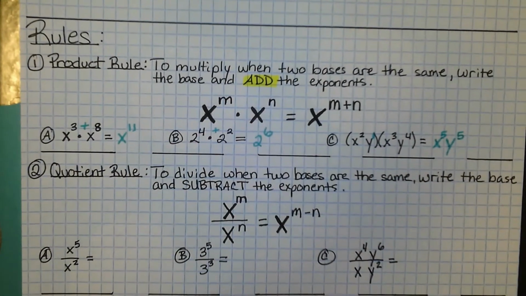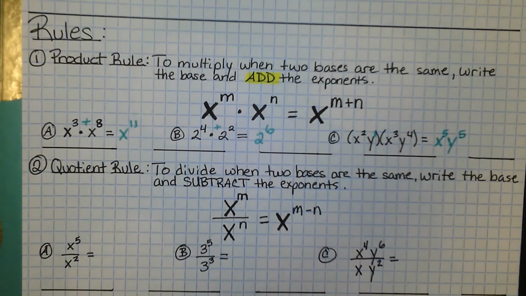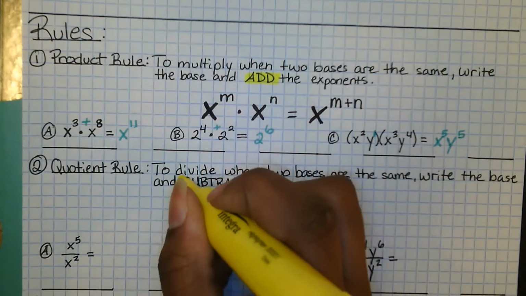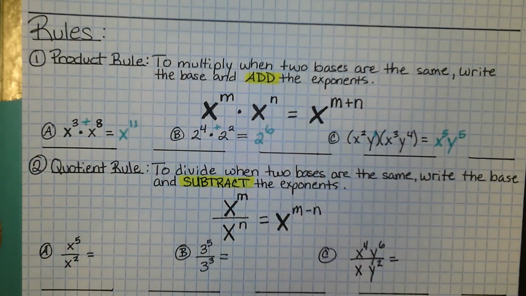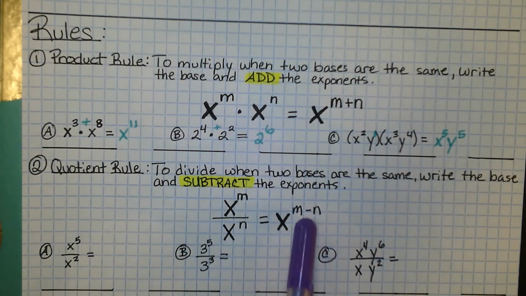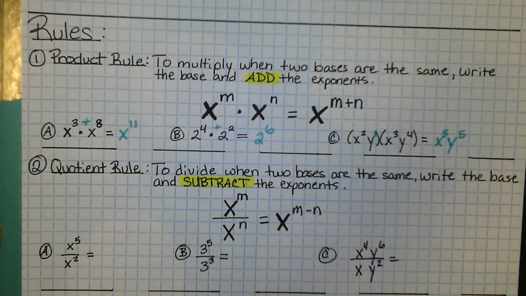Now for the quotient rule. The quotient rule is basically the opposite of the product rule. To divide when two bases are the same, we're going to write the base and subtract the exponents. In this example, they both have the same base, so we will subtract their exponents.